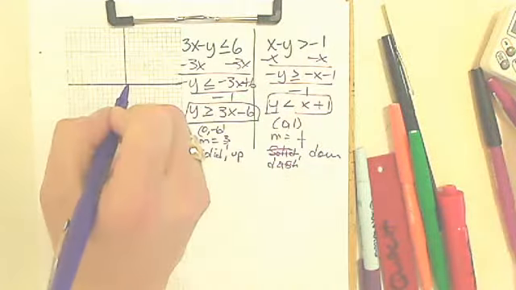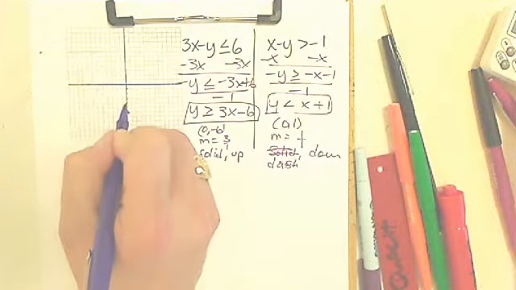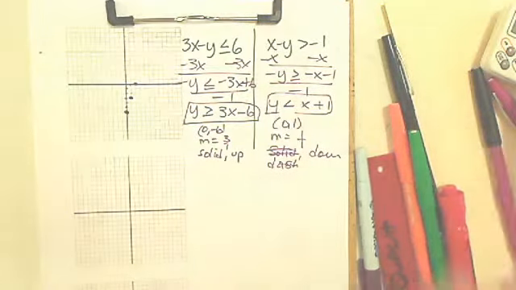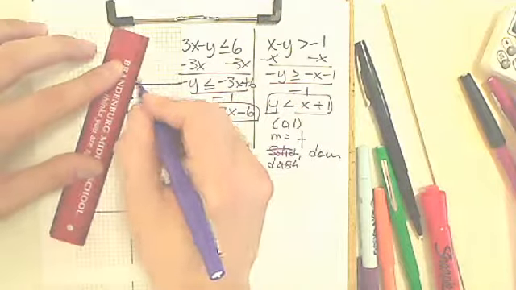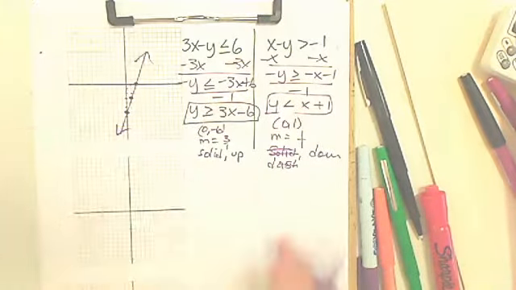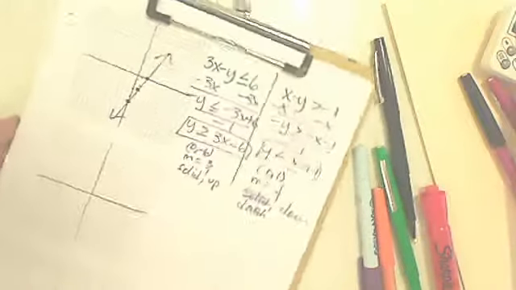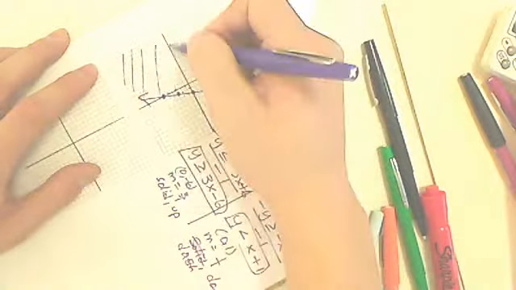Okay. 0, 6, 1, 2, 3, 4, 5, 6. Up 3 to the right 1. Up 3 to the right 1. It is a solid line. Where's my ruler? Solid line. Make sure your line looks beautiful. This is shade up. Because it's positive slope, I turn it to the right, and it's shade up.